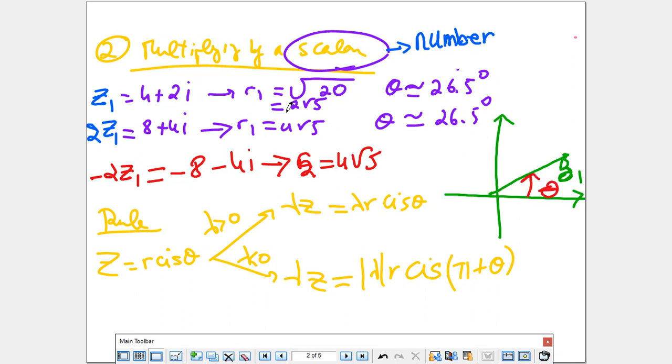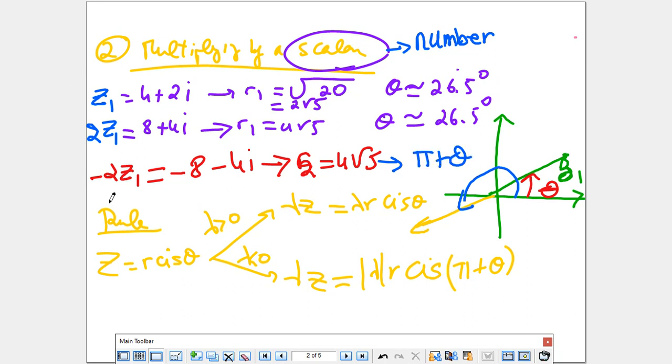Now I was in quadrant 1, and now I'm in quadrant 3. This is minus 2 z1, and the distance is also double. But what is the relation between the angle theta and the new angle? The argument is pi plus theta.